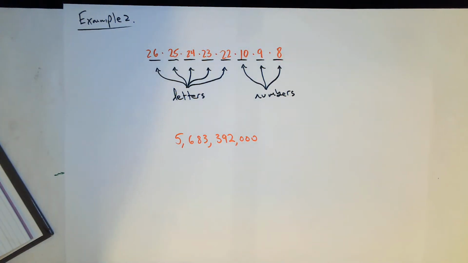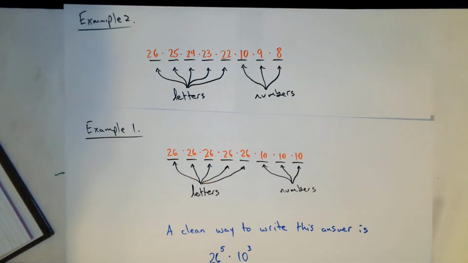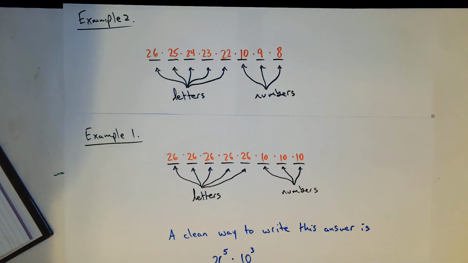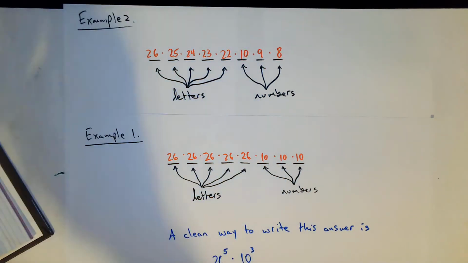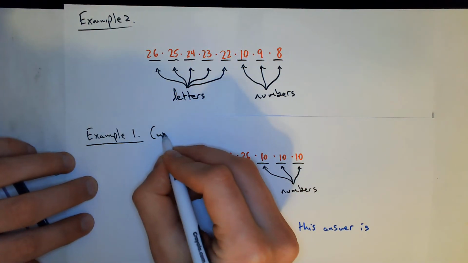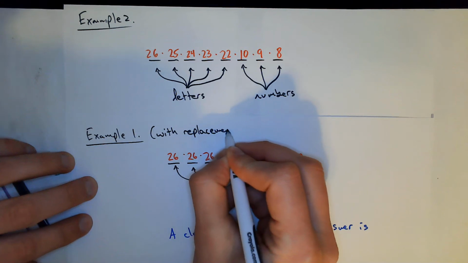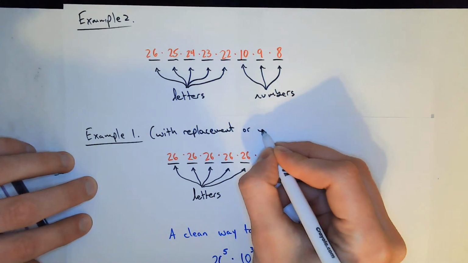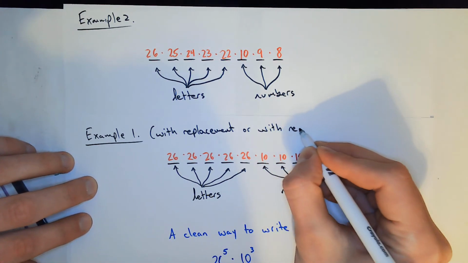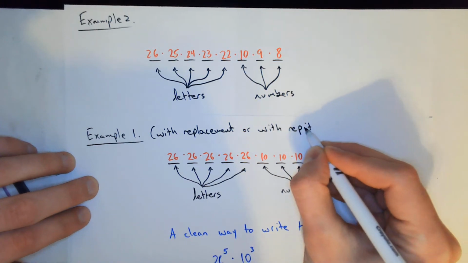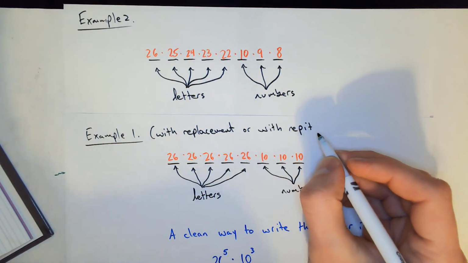Right. So example 1 is a good example of the fundamental counting principle at work, where you can have replacement. So this example is so-called with replacement, meaning you can repeat, or with repetition. I like to think about it as with repetition.